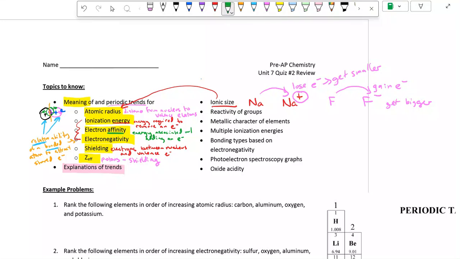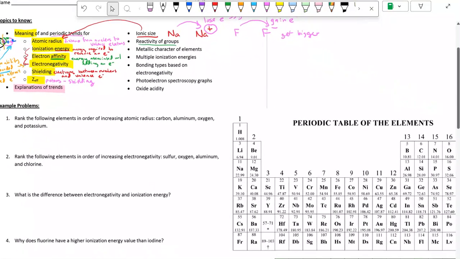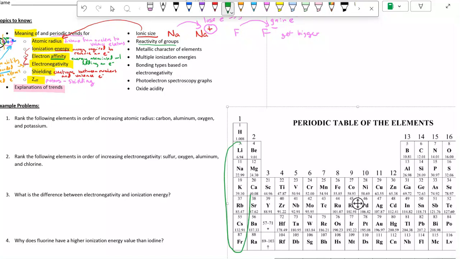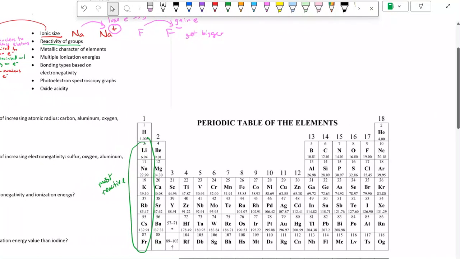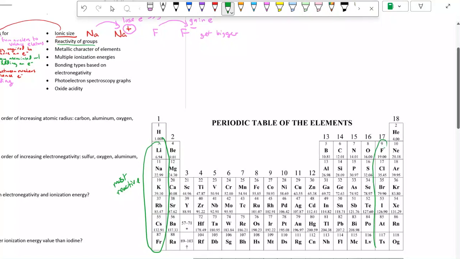Okay, reactivity of groups. We're talking about which groups are the most reactive. Okay, so this is talking about whether they give or get electrons. The most reactive, okay, you have very reactive group 1A and very reactive group 7A or 17.